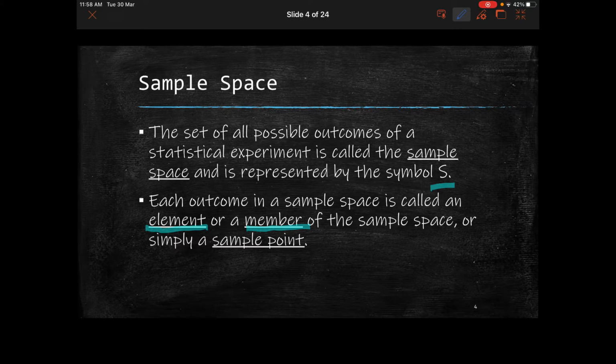let's say we have a sample space S and the elements inside are A, B, C and D. This is called the element or the member of the sample space.